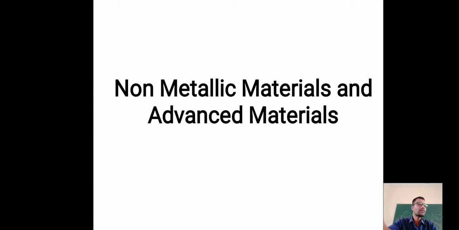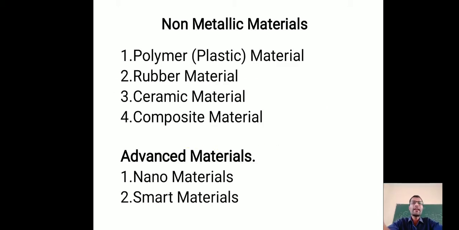So friends, up to previous lecture we have discussed different non-metallic materials. As you know, non-metallic materials means materials other than the metals. And friends, these four types of non-metallic materials we have discussed in detail.